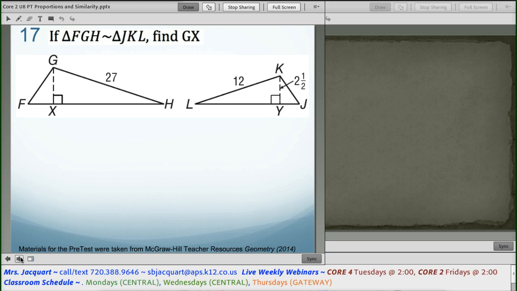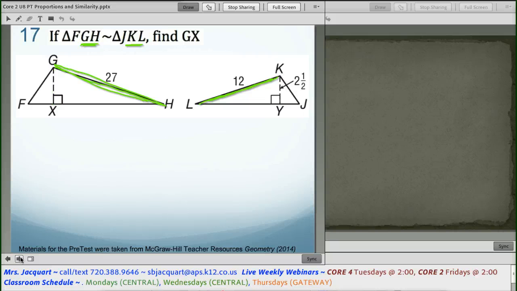Okay, if triangle FGH is similar to JKL, find GX. Okay, so I know GH has to match up with LK. And then we want to find, oops, I didn't change colors.